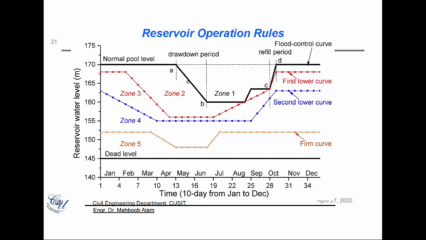Again, the same drawdown period, and then slowly and gradually I have to increase my water level so that I can refill the water, and then I am at the maximum level that is available there. So reservoir operation rules are usually developed. There are different methods and different techniques available where you try to optimize your objectives so that different kinds of needs can be met.